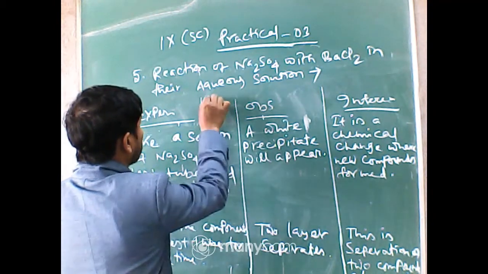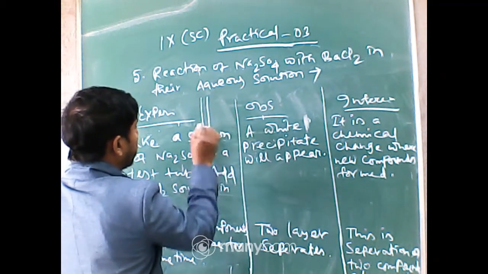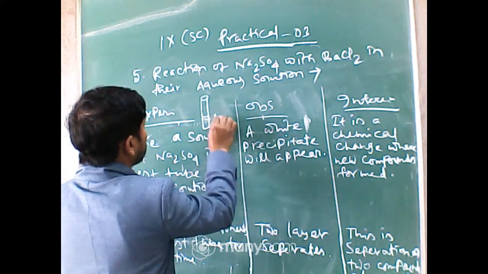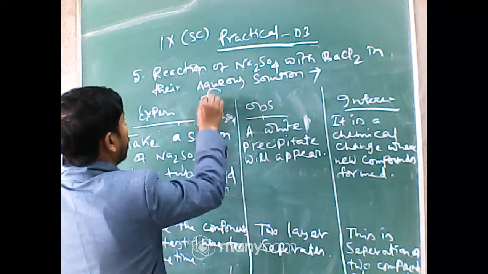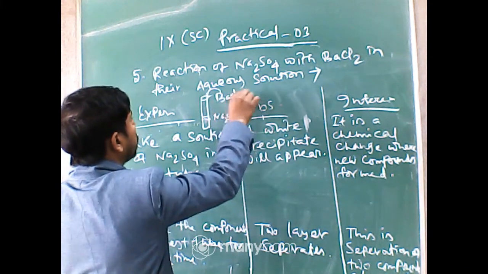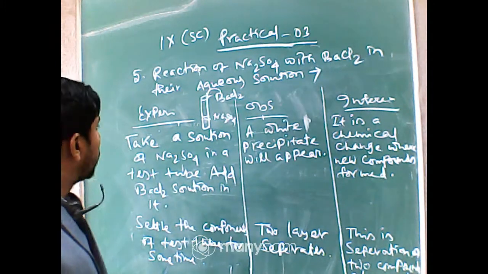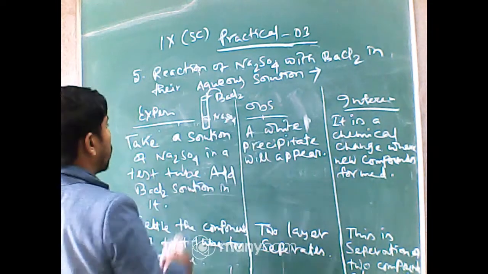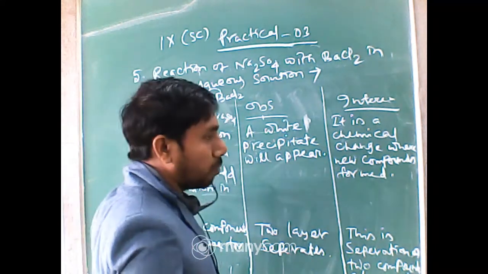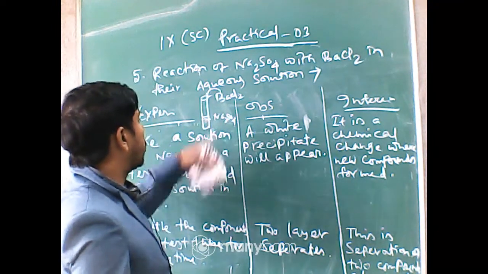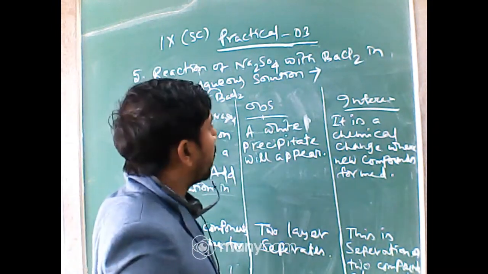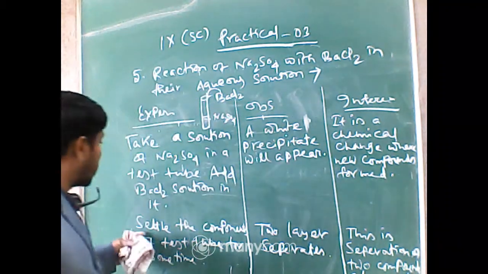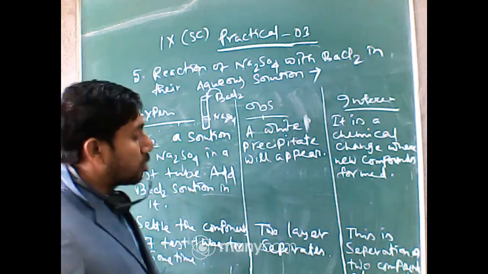This is the preliminary: we have taken the sodium sulfate here, up to that mark. Then we will add barium chloride solution from the top. When we add it, obviously the volume will increase because both are solutions, but at the same time a white precipitate or a white mass will appear in the solution, and if it settles, it will make two layers.